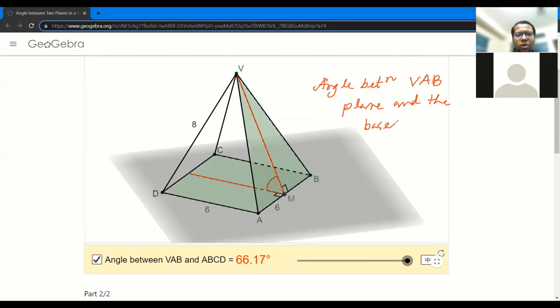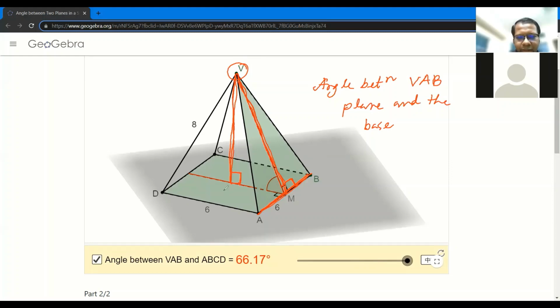At first, you need to draw a perpendicular line from the vertex on the base. And you also have to draw a perpendicular line from the vertex to the baseline of the plane. This has to be 90 degree, and this has to be 90 degree as well.